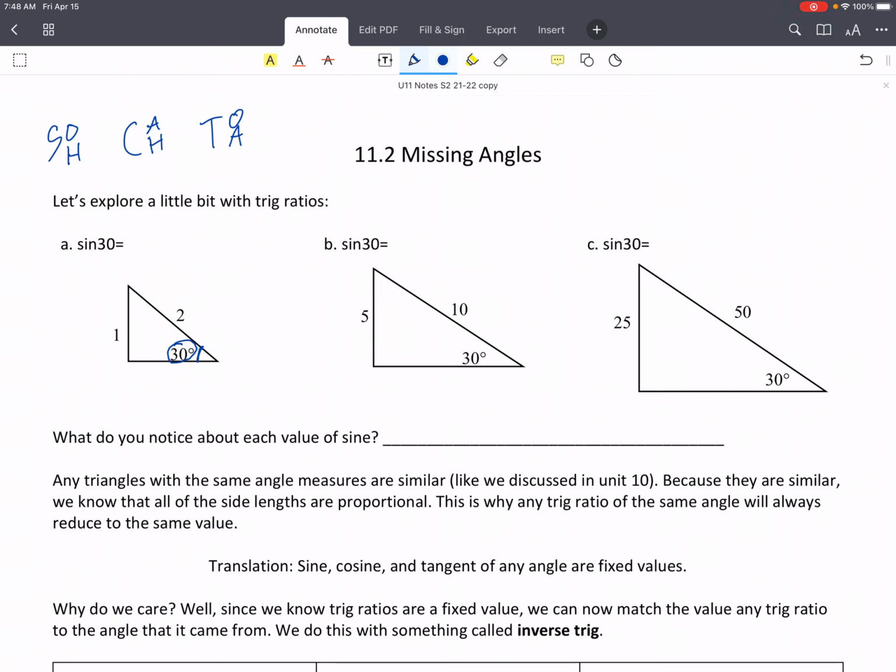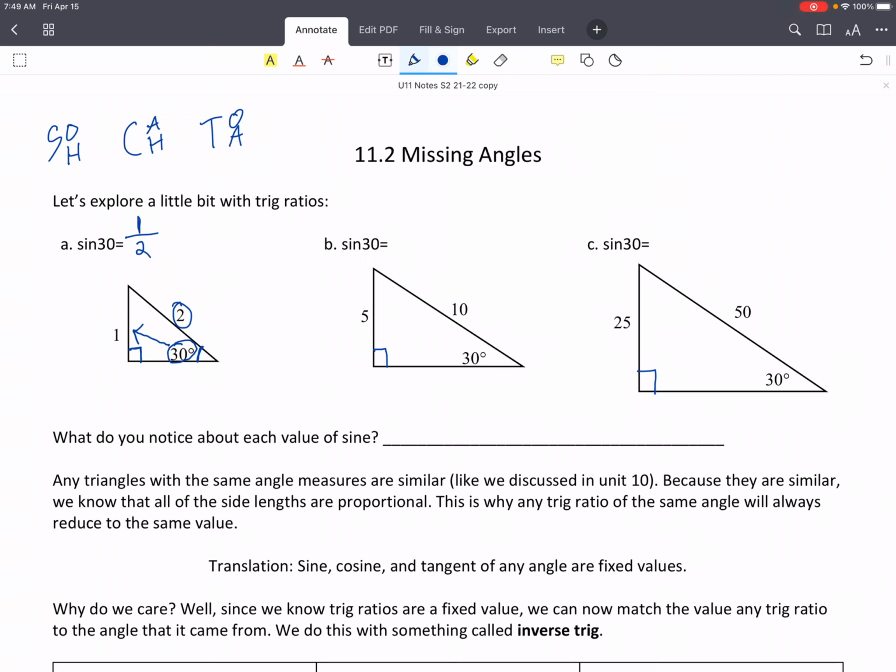Remember, sine is opposite over hypotenuse, so our opposite side would be 1. So this would be 1 over, and then our hypotenuse, assuming these all have 90-degree angles, would be 2. So the sine of 30 for this first one would be 1/2.